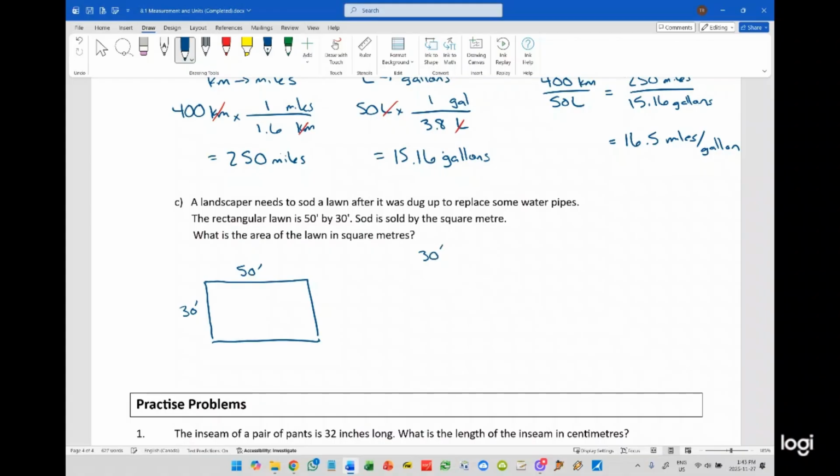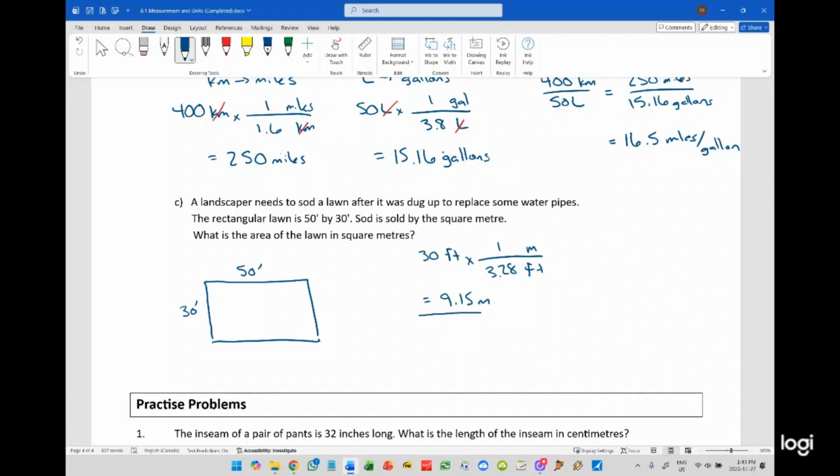I should use the FT. It's nicer with the unit conversion method. And we're going to do feet and meters. And I know that 1 meter is 3.28 feet. So the answer to that is just going to be 30 divided by 3.28 is 9.15 meters.